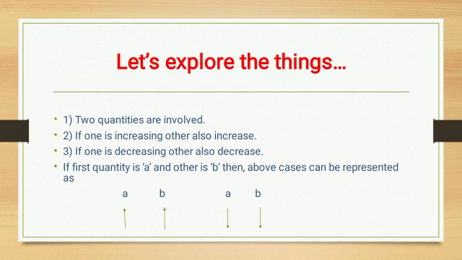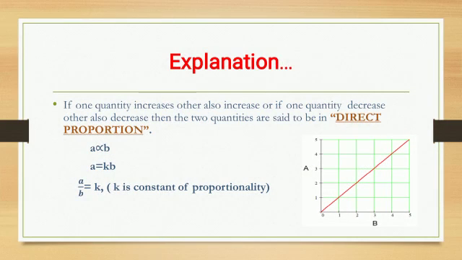So here we have explored that we have got 2 types of changes. If one is increasing, the other quantity is also increasing. If one is decreasing, then the second one is also decreasing. These 2 types of changes we have noted in the above mentioned problems. Clear? On the basis of this we can now explain the meaning of direct proportion.